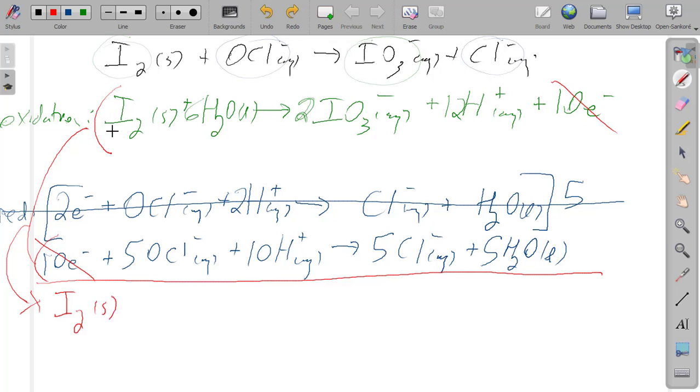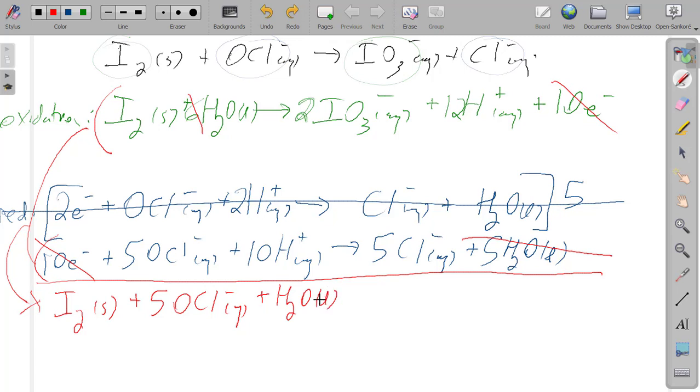So that didn't change out front. Plus, and now we have 5 OCls from this one. And so let's look now. We have 6 waters here and 5 waters here. So these completely go away, and that coefficient goes away. 5 goes away totally, leaving 1 up here. So that's going to be plus H2O, liquid.